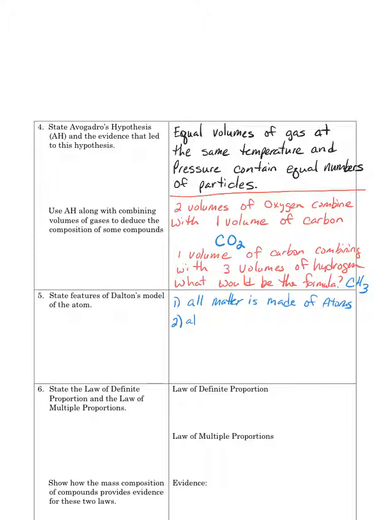So all atoms of a given element, they're identical. Whoops, spelled identical wrong. And the third one is compounds are combinations of two or more different types of atoms.